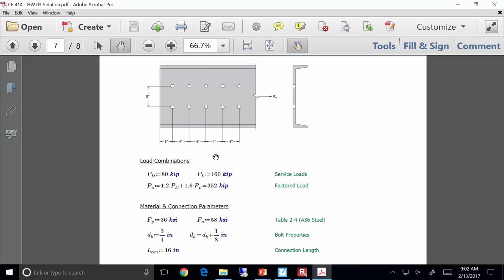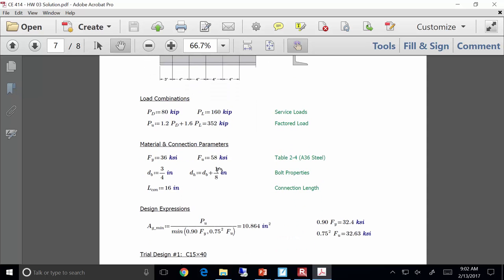So here's the member that you're designing. You factor the loads, go through and look at your connection parameters, and then calculate a minimum gross area. Your minimum gross area comes out to be about 10.864 square inches, okay? Now, a couple points to make off of that. Number one, this equation was built based off of assumptions, okay?